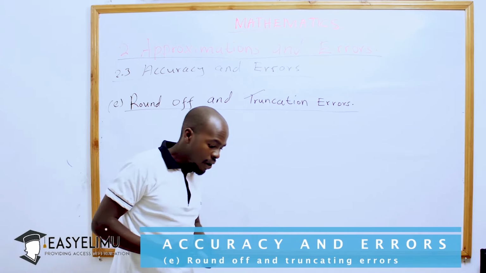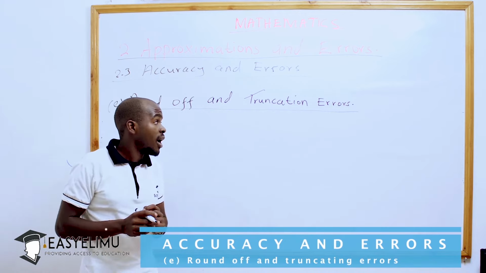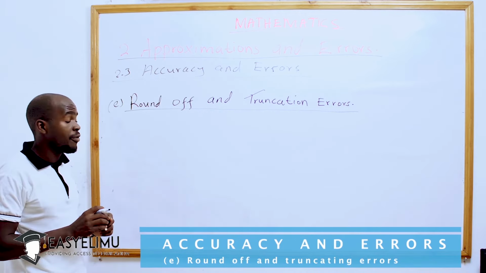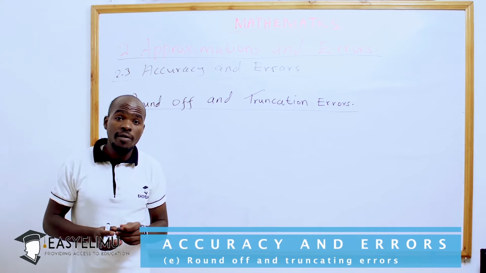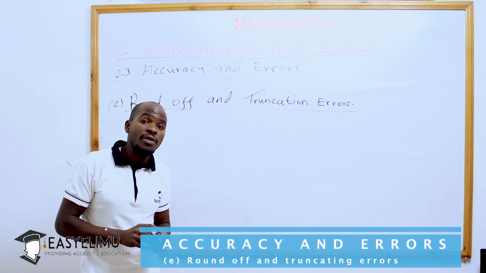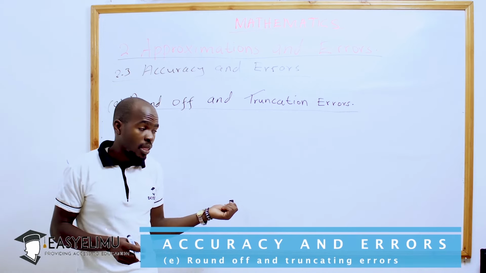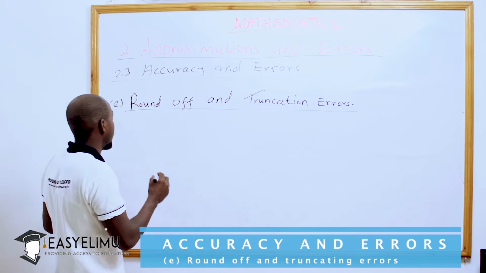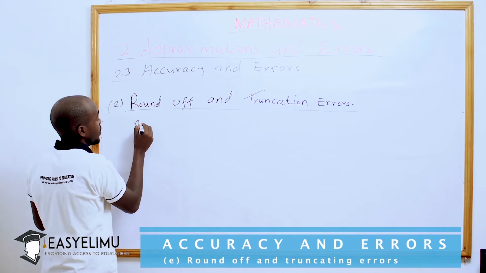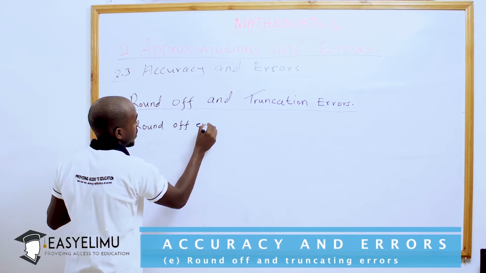Now let's see how we round off and truncate some errors. Here we shall find that if we have some given data and we truncate or round the measurement, the result is quite different from the original. For instance, let's start with the round off errors.